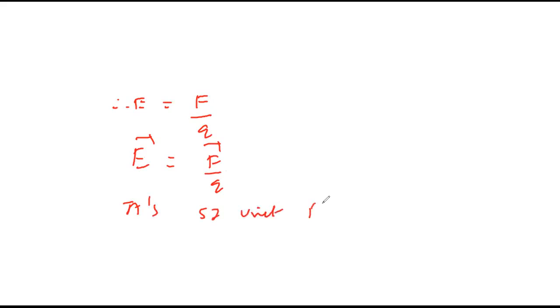So therefore we can see E is force upon charge in vector form. E bar is F bar upon Q. Its SI unit is Newton per coulomb or volt per meter. That we'll see later why it is coming volt per meter.